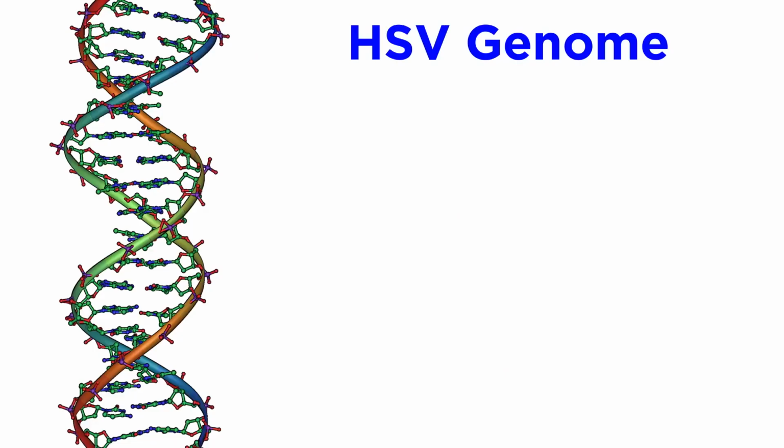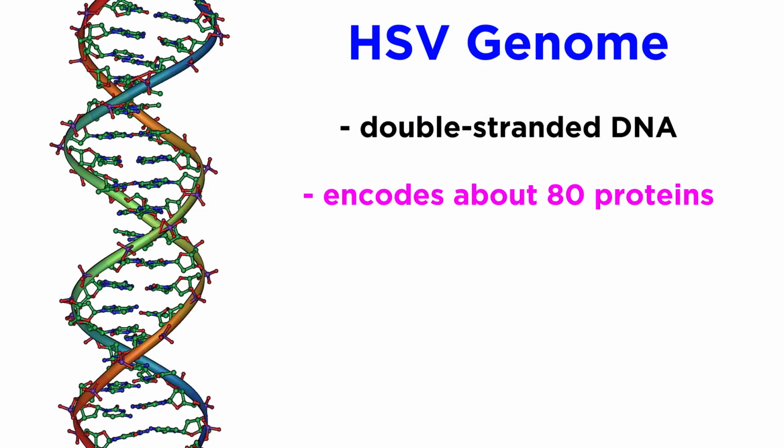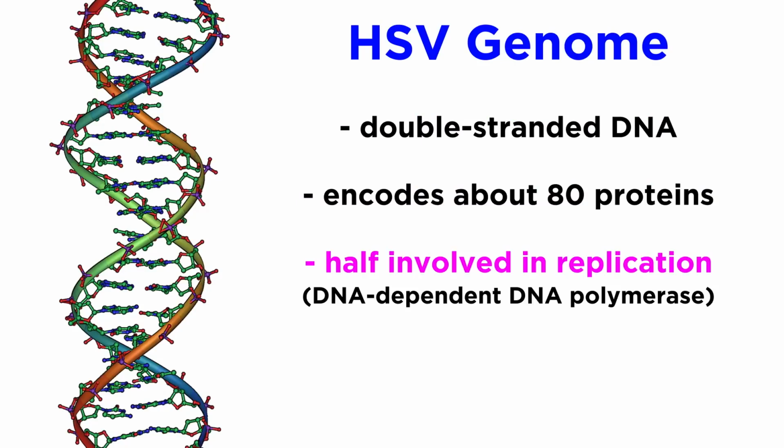Let's think about the genetic makeup of HSVs in particular. The double-stranded DNA genome of HSVs encodes somewhere around 80 proteins. About half of these are involved with creating more copies of itself in the way of replication, meaning things like a DNA-dependent DNA polymerase.